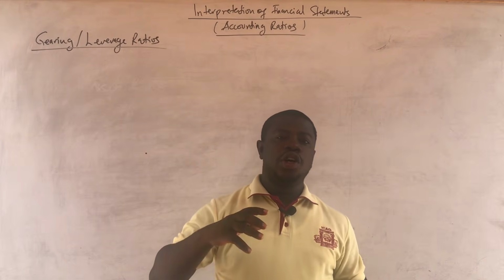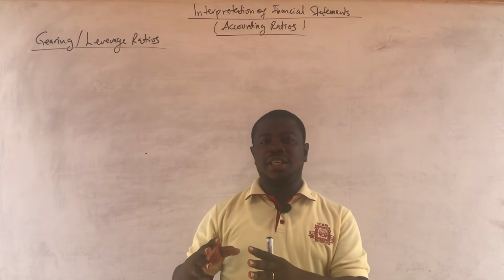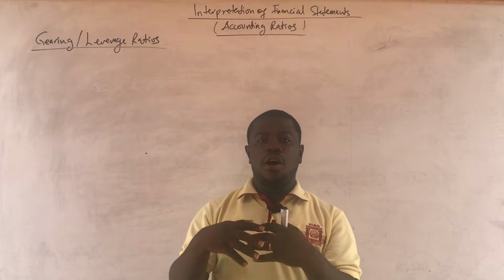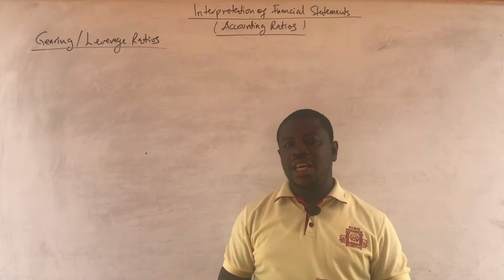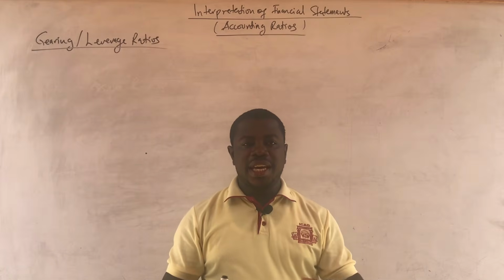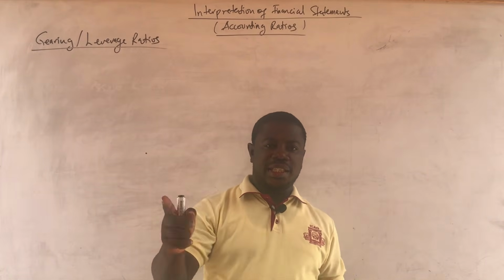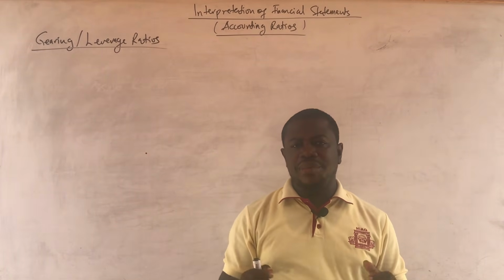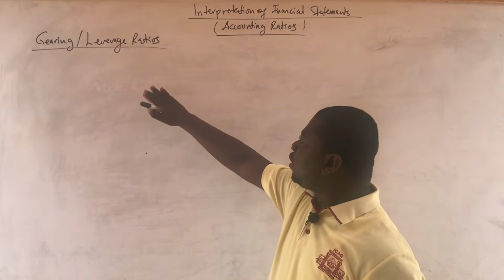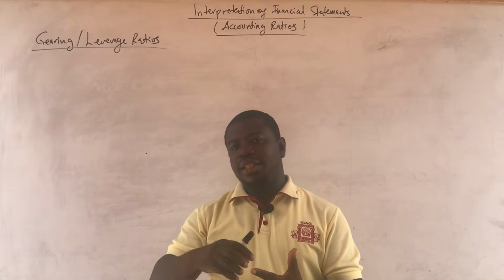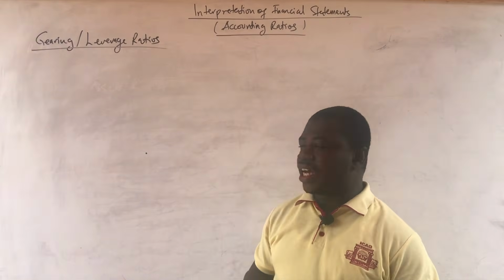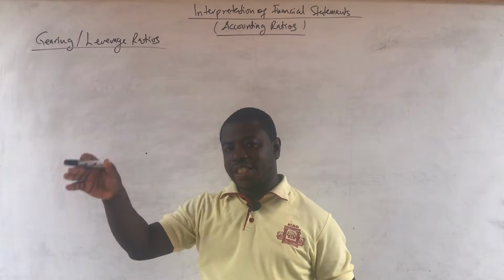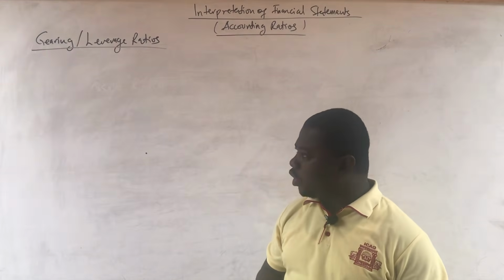And so if you have more of shareholders fund, let's say you have 70% of the money being contributed by shareholders and 30% as borrowing, then we say that your capital structure is 70% equity and 30% debt. So that is the meaning of capital structure. Now, gearing ratios measure especially the quantity of the debt component in your capital structure, and we use that as a way of assessing your financial position and performance.